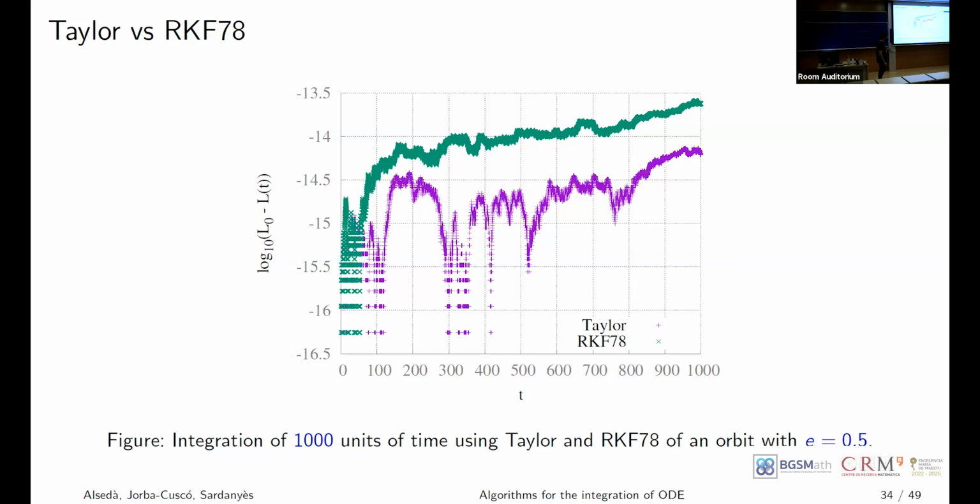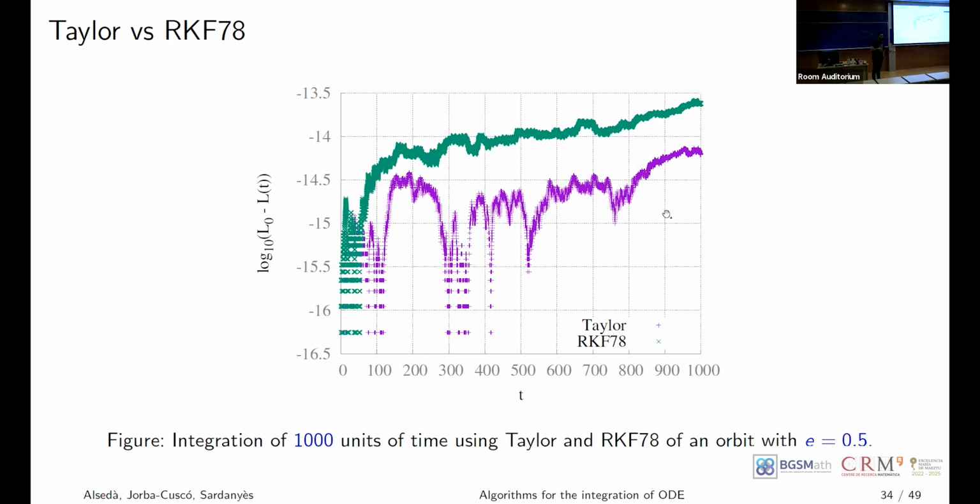And I'm using two integrators which are fantastic. One is Runge-Kutta-Fehlberg 7, 8, so order 7 and 8, with the step size control strategy by Fehlberg. And the other one, which is the purple one, is Taylor.